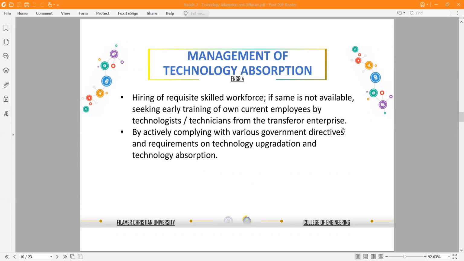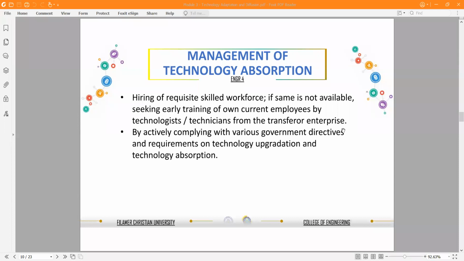So syempre, if you absorb some certain technology, so not only that you acquire or you absorb the technology itself, but also it requires a skill or a skilled workforce. So you need to train your employees on how to use that new technology. So if same is not available, so seeking early training, ito yung tinatawag natin, of own current employees by technologists or technicians from the transferor enterprise.